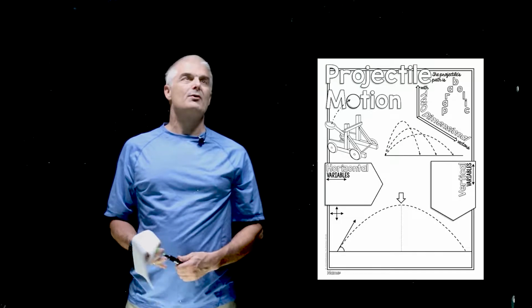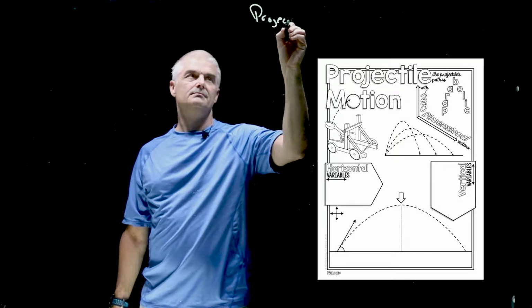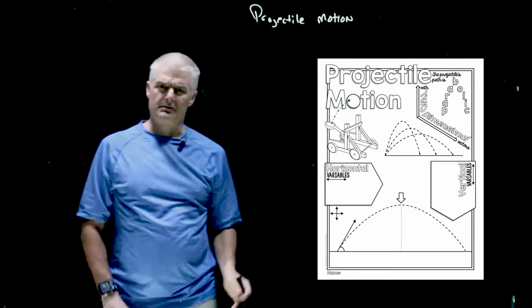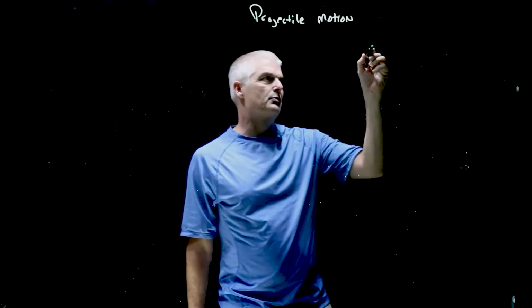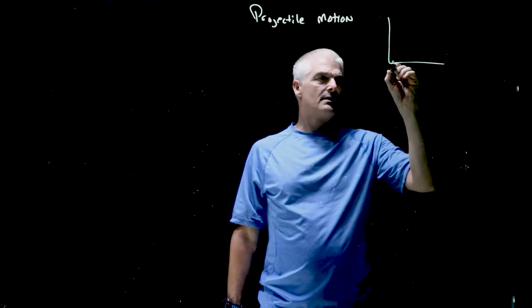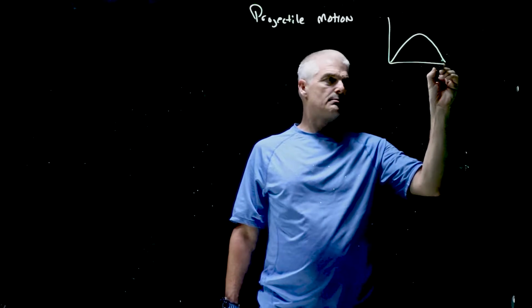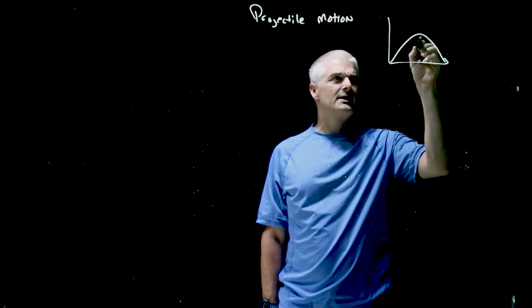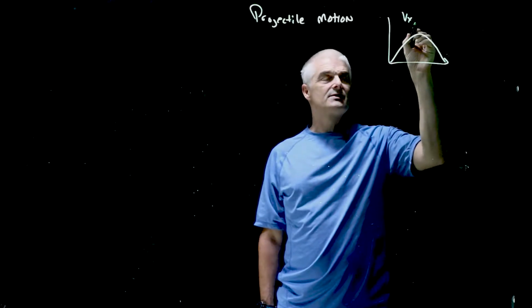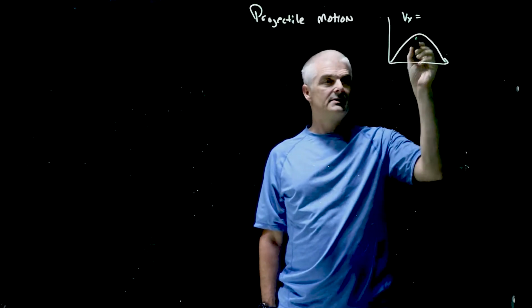So more about projectile motion. Another big concept before we dive into the problems. As we talked about in the previous segment, the motion is parabolic. It's important to understand that the Vx doesn't change.